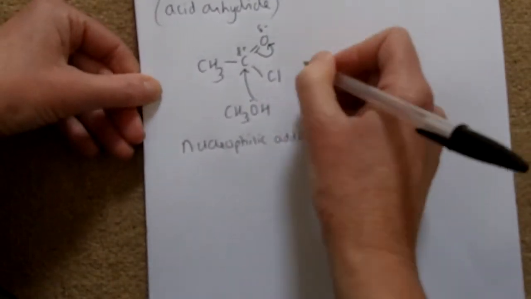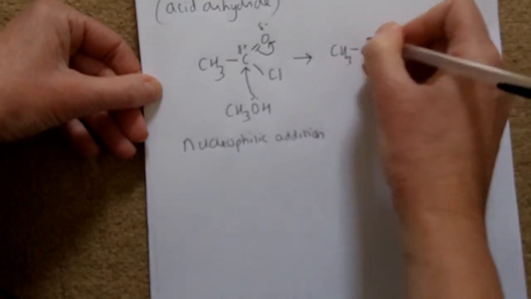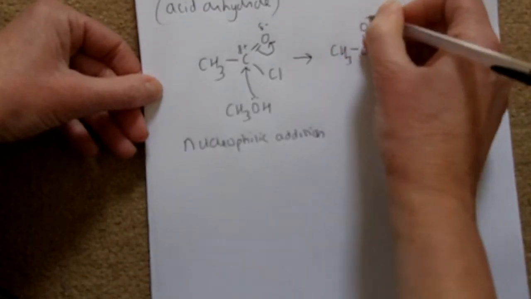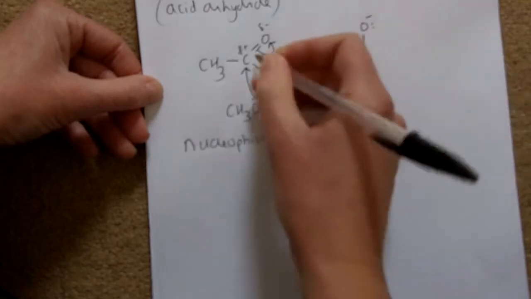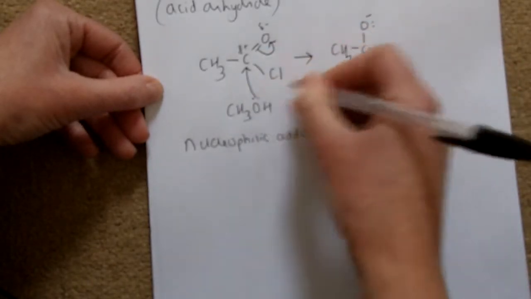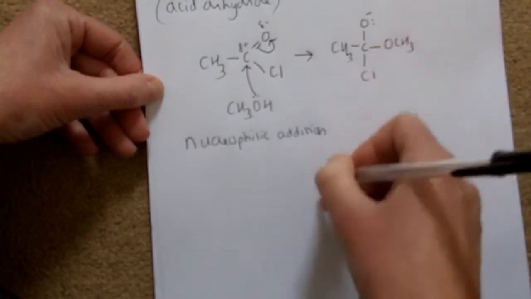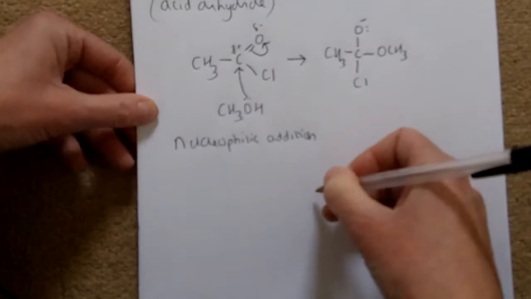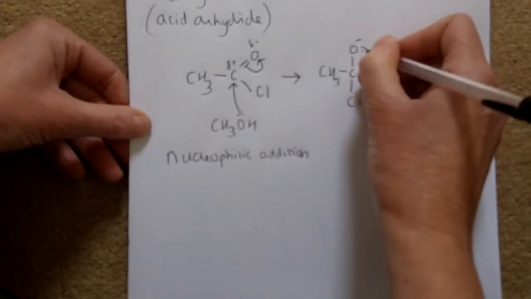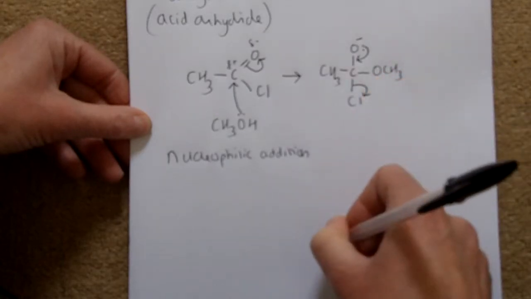Okay, and then you get an intermediate, which is your O minus, like that. I'm just going to put the OCH3 there and the Cl there, and then what happens is that you have an elimination.